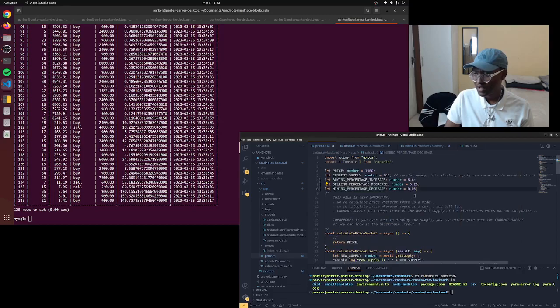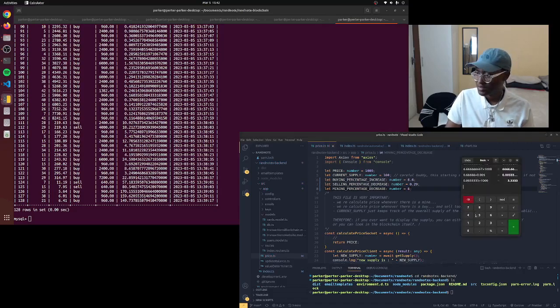So 0.666 multiplied by, let's say 2, equals 1.333332 multiplied by price of 1,000. Now the price increases to 1.33.